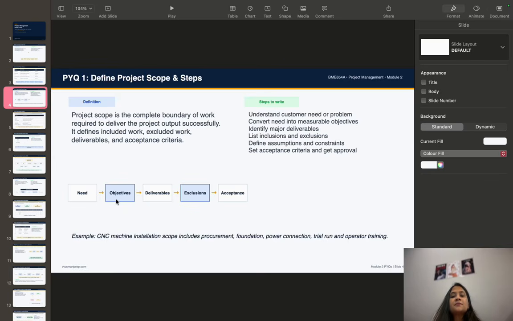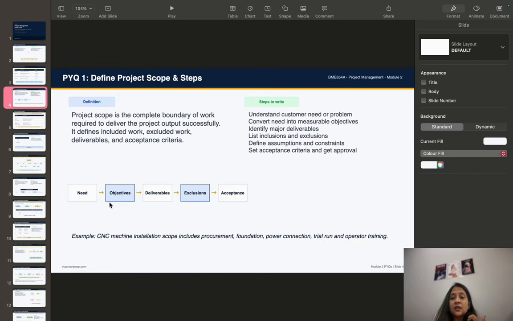The steps are: first, understand the customer need or the problem. Second is the objective, so convert that need into measurable objectives.